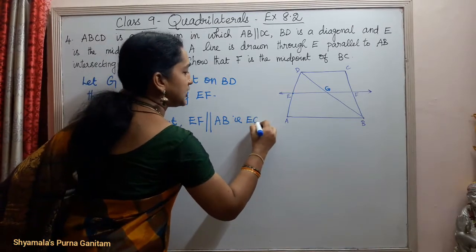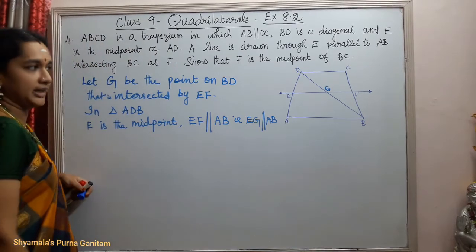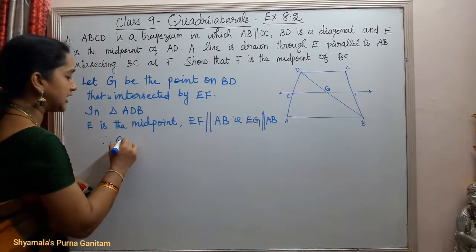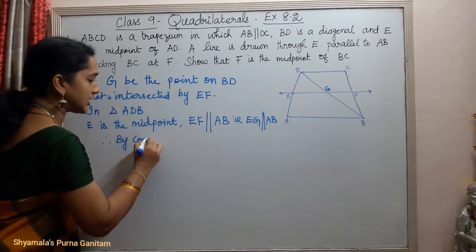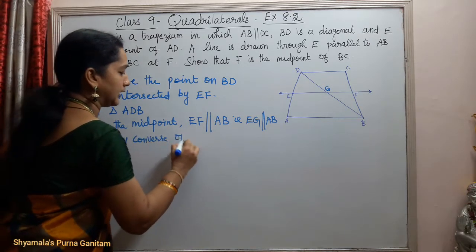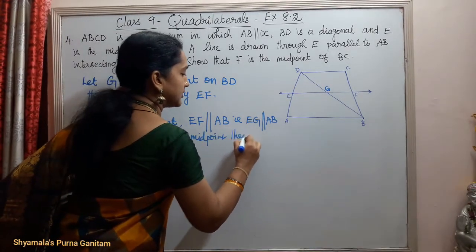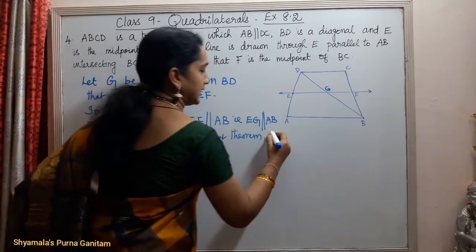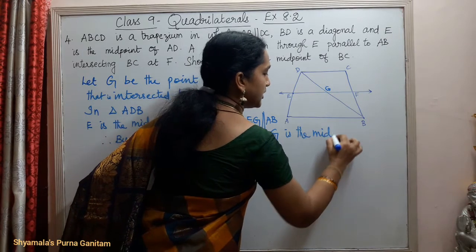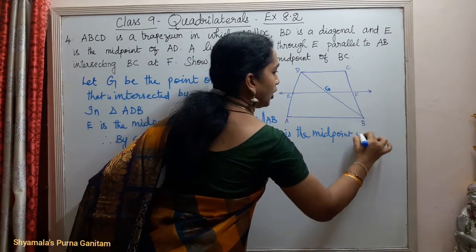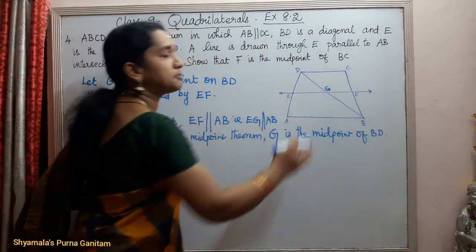That is, EG is parallel to AB. Therefore, by the converse of the midpoint theorem, we can say that G is the midpoint of BD.